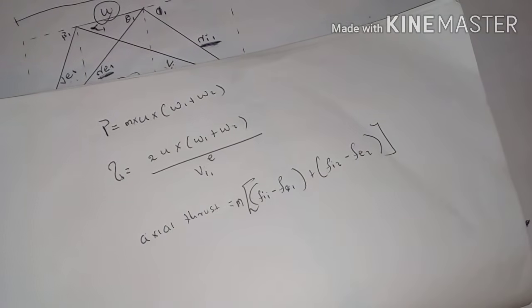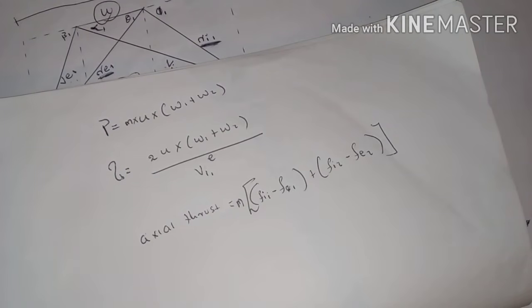And then we have the blading efficiency, which is given by 2 times the velocity of the blade times W1 plus W2, all divided by VI1 raised to the power of the number of stages.